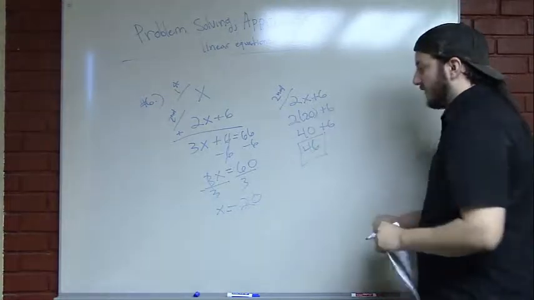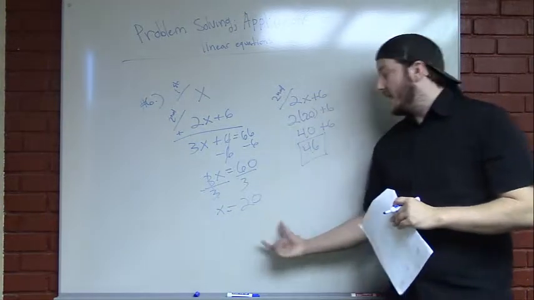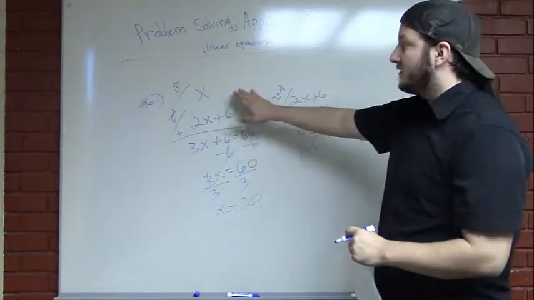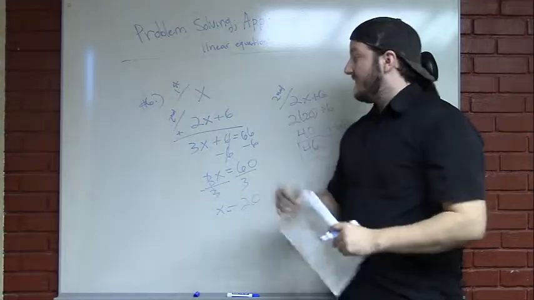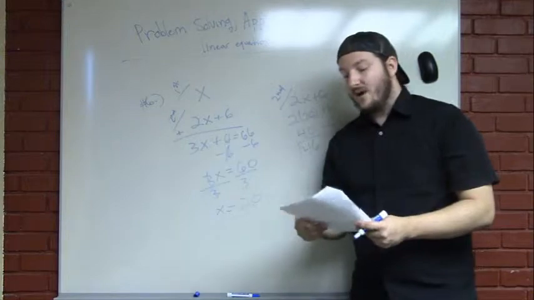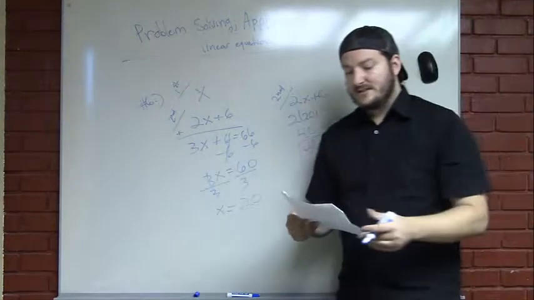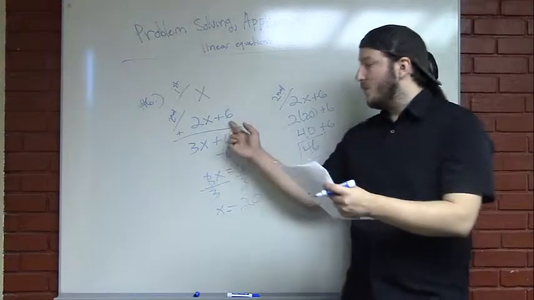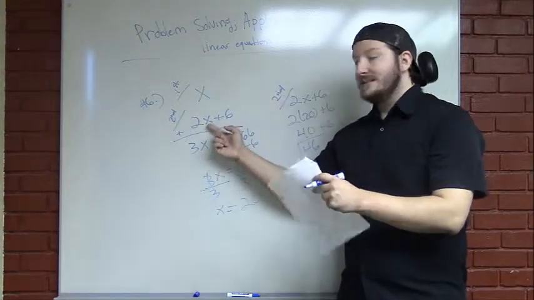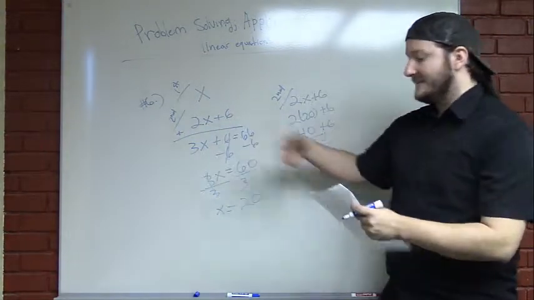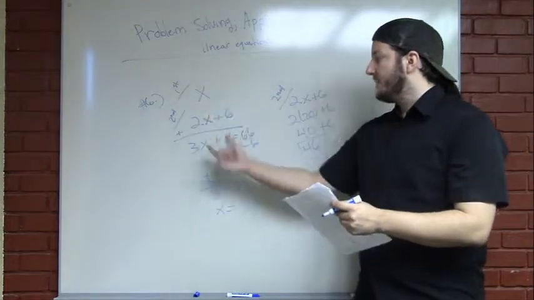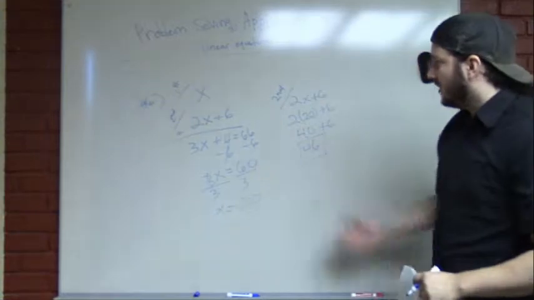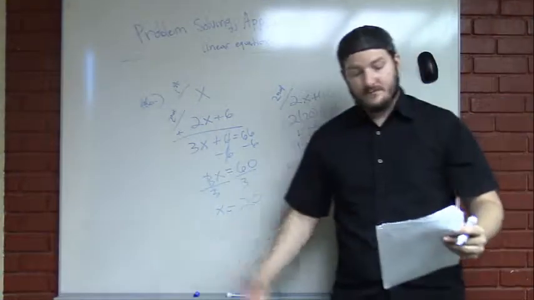And that is our second number. So our first number is 20, and our second number is 46. Remember, our first number we just called x, and the second number you found with this expression. One number is 6 more than twice the second number, okay? And since it said the sum of them, you add them up, and the sum means equals 66. Solve it, and you're golden.